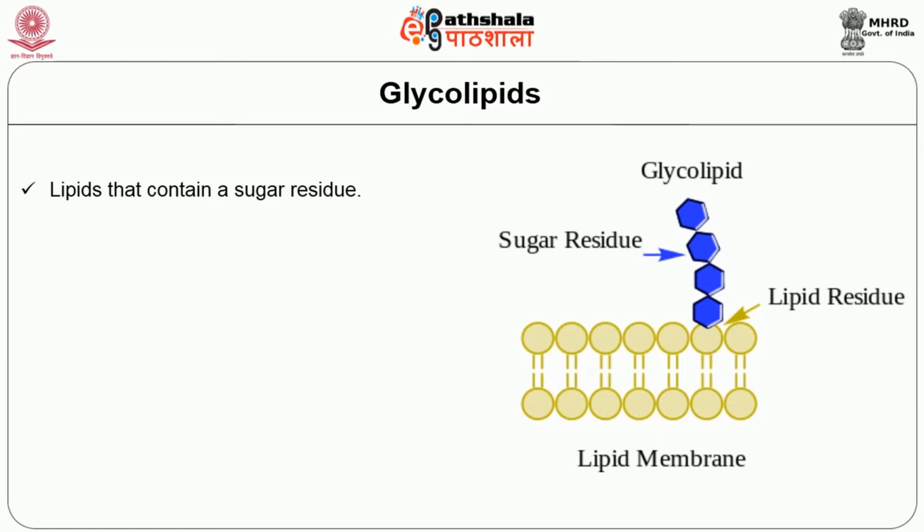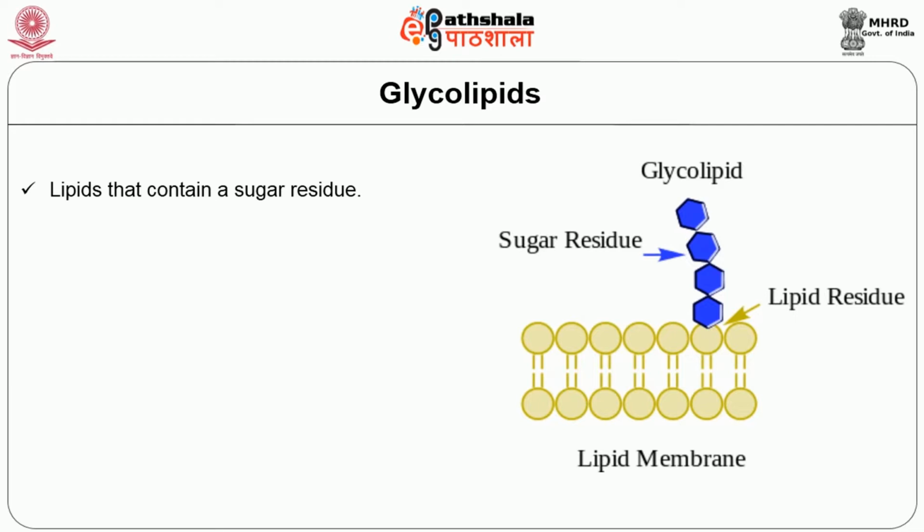As in sphingolipids, you have a sphingosine backbone and a fatty acid. Along with that, where earlier we had a phosphate group and an X group attached to the phosphate, in a sphingoglycolipid we will have either a mono or a disaccharide.